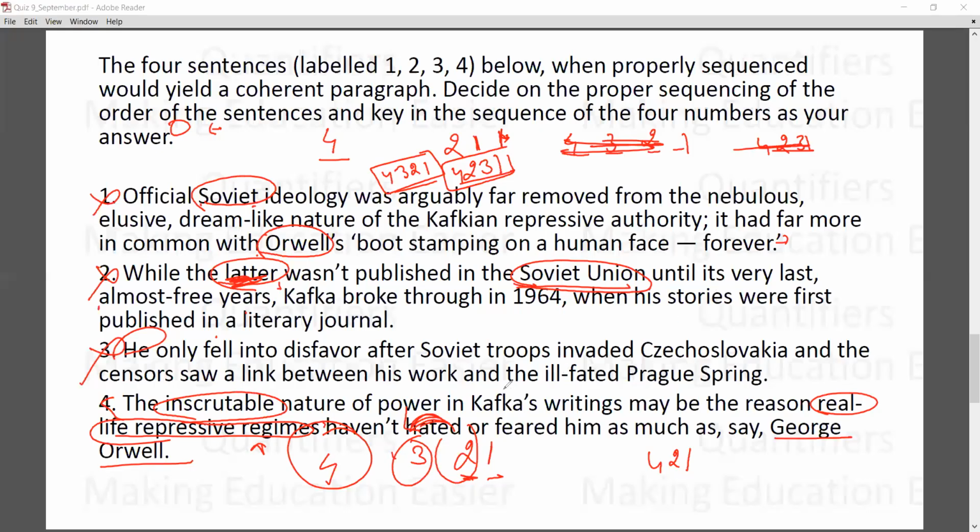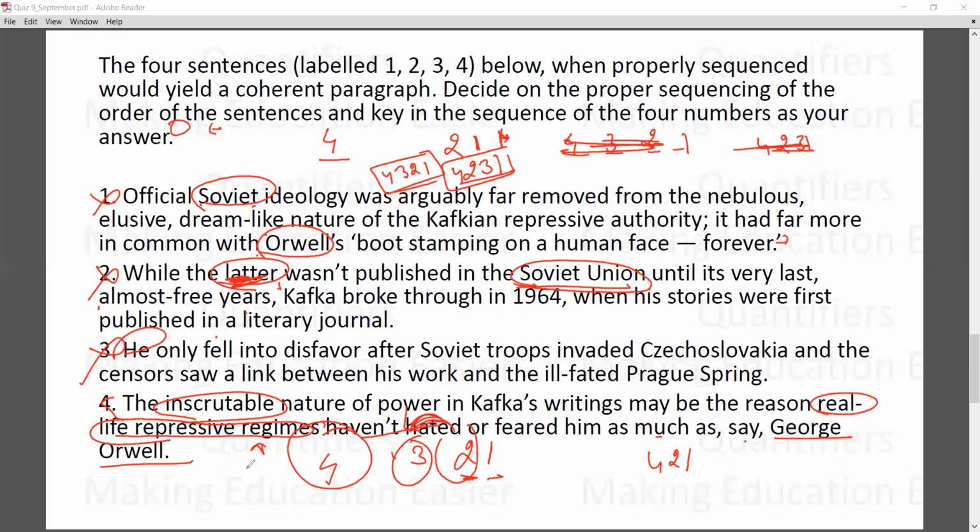The inscrutable nature of power in Kafka's writing may be the real reason real life repressive regimes haven't hated or feared him as much as, say, George Orwell. The kind of writing Kafka wrote is mysterious, so that is the reason real life repressive regimes did not hate or fear him as much as they did George Orwell.